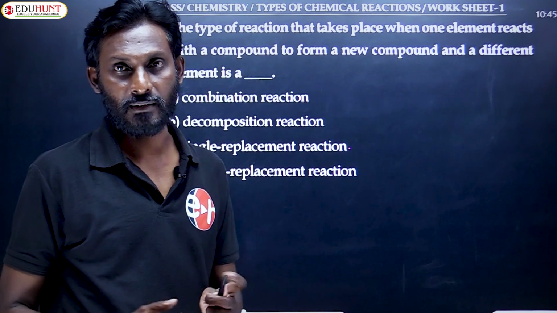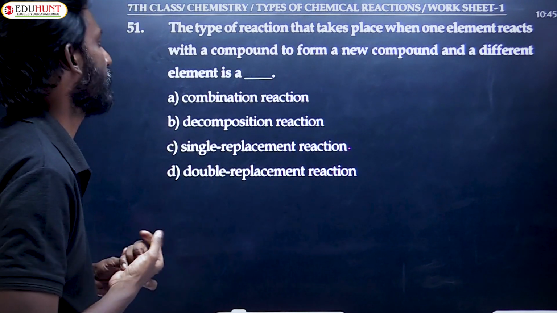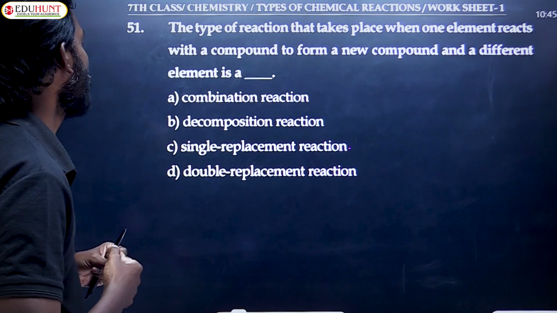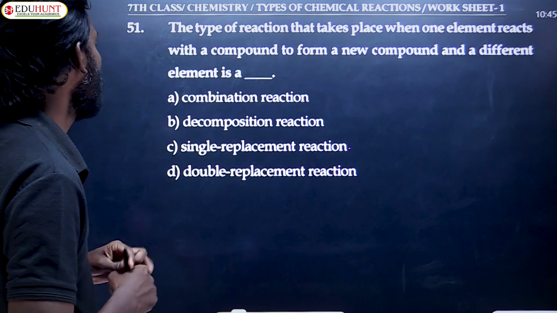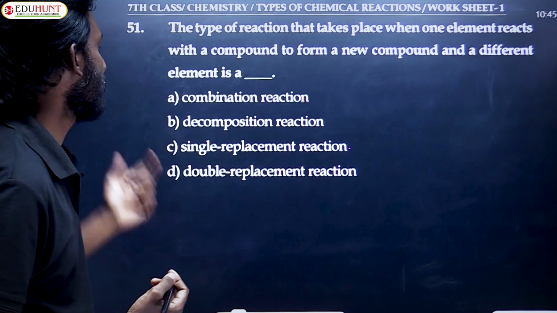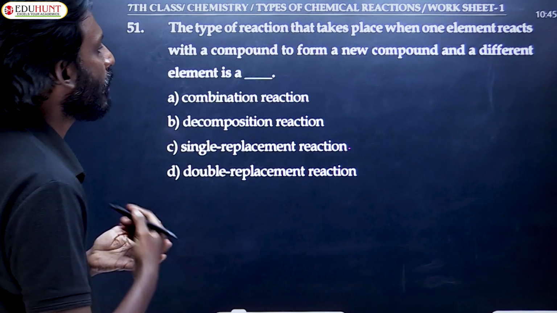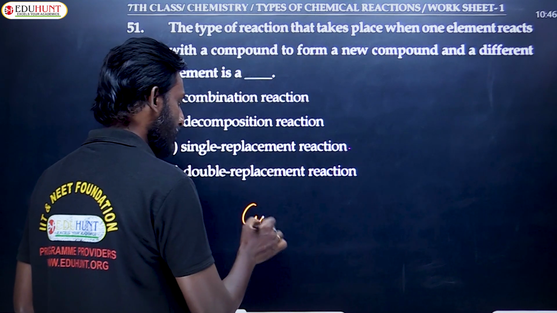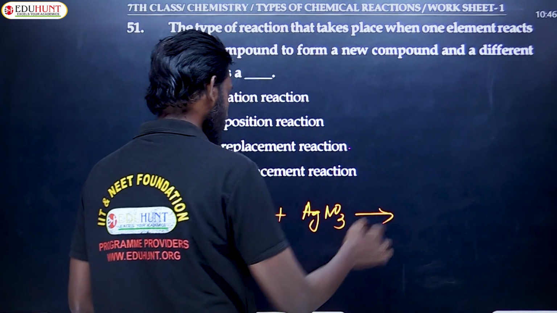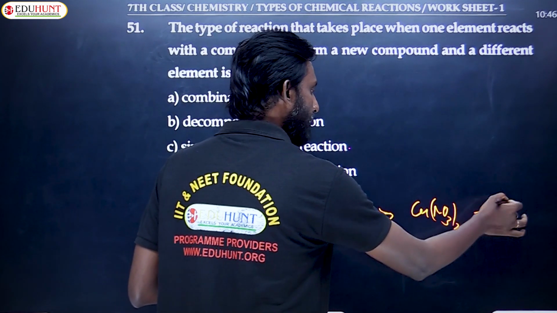The type of reaction that takes place when one element reacts with a compound to form a new compound and a different element. Combination, displacement, decomposition, single replacement, single. See, simply, if you take copper and treat with silver nitrate, you will get copper nitrate, unbalanced reaction I am writing, and silver.